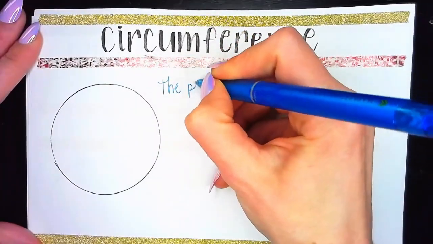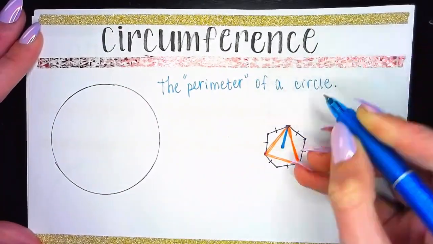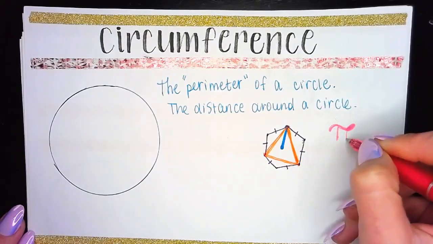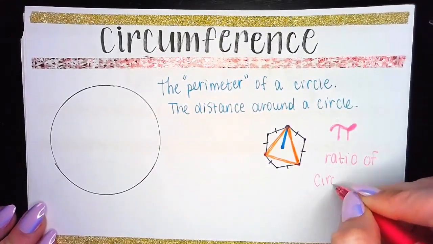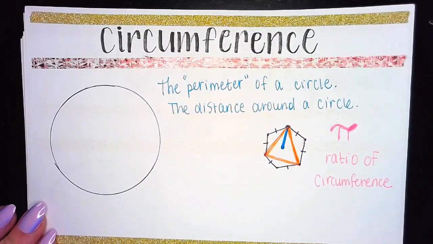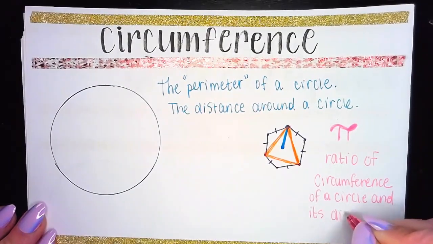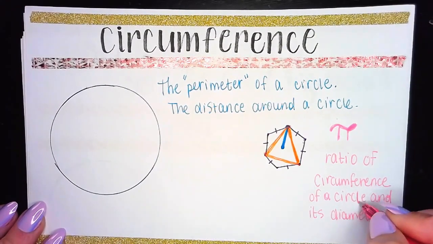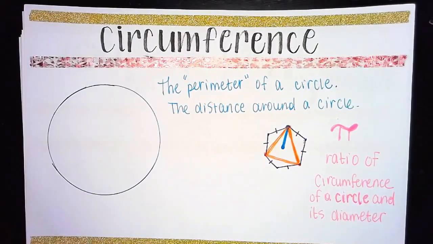The circumference, some people will simply describe it as the perimeter of a circle. The number pi is actually the ratio of the circumference of a circle and its diameter.